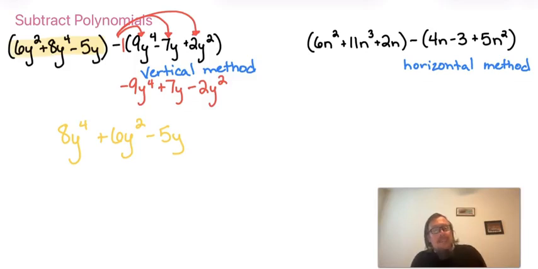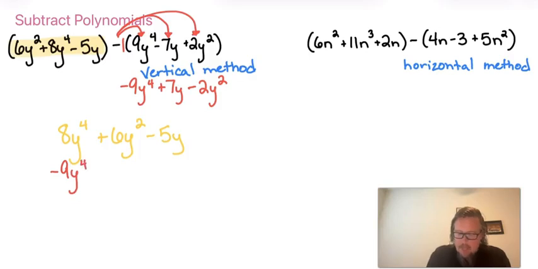So that minus sign makes a big difference. Now when I write this underneath the first polynomial, the signs are all different. I'm going to start with y to the fourth, minus 9y to the fourth. Then minus 2y squared, and then plus 7y. I'm still lining these up just like I did before.